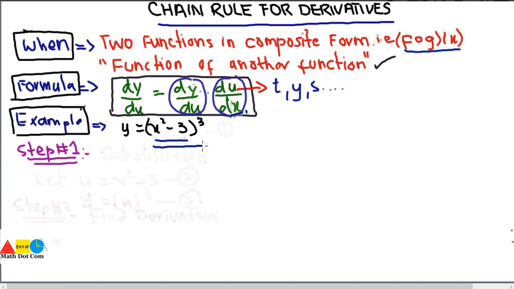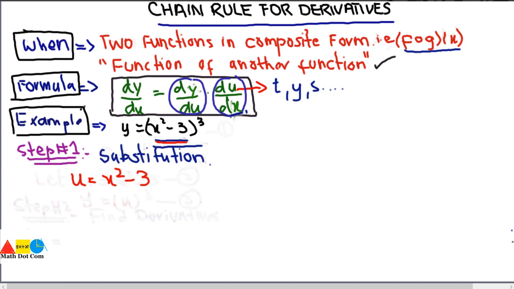So step number 1 for solving the given function for derivatives is the substitution. Substitution will be made according to the first function and second function. The first function is x square minus 3, so I'll replace x square minus 3 with u.